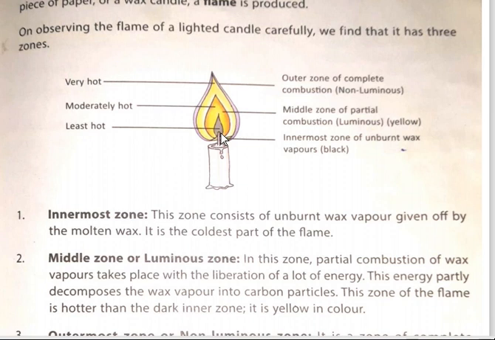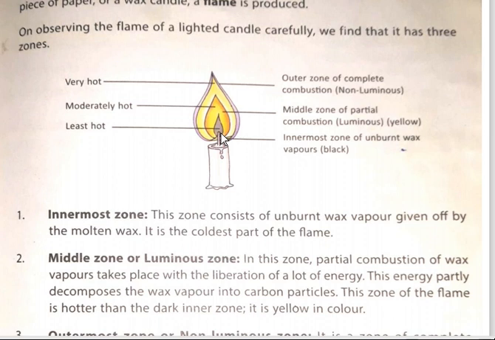In the middle zone, these vapors burn, but the vapor doesn't burn properly. Some part of the vapor burns and some part remains unburned. It produces light, so it is called the luminous zone.